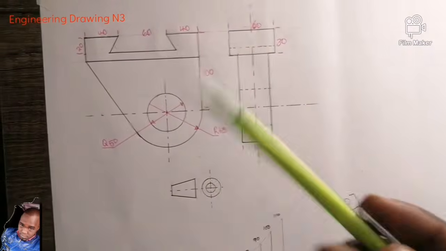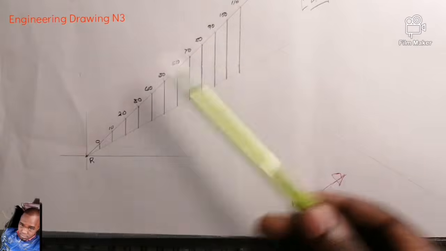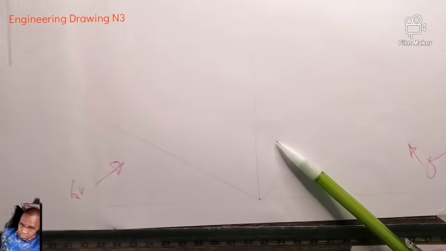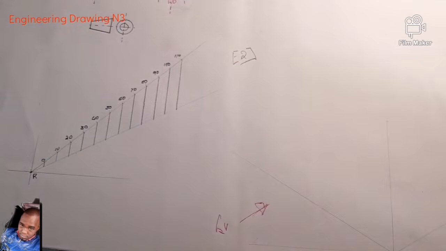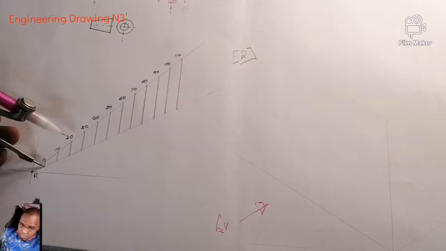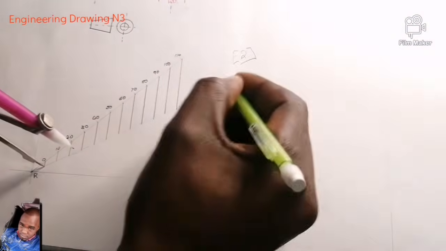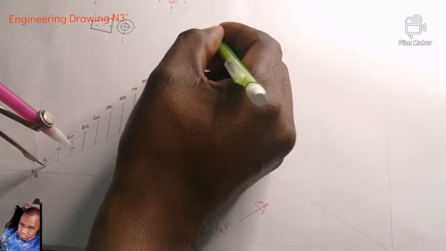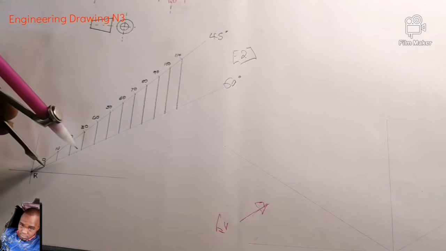So every dimension you take from the given views, you convert to your scale, then you draw them. How? Let me show. I see a 40, so how do I convert 40 to the isometric scale? You place your compass or your divider along the line of 60 degrees. This is 45 degrees, isn't it? Along the line of 60.